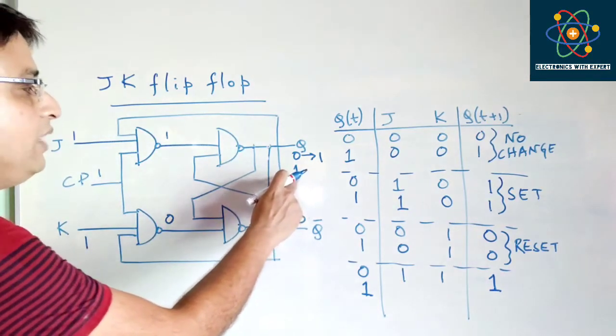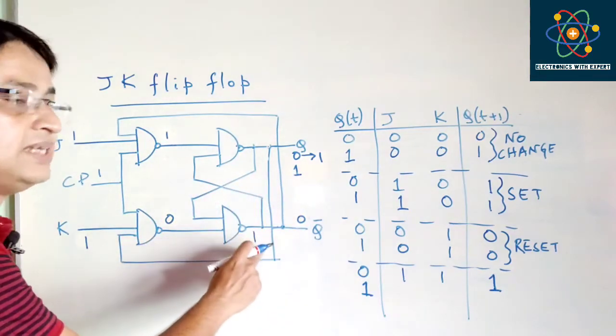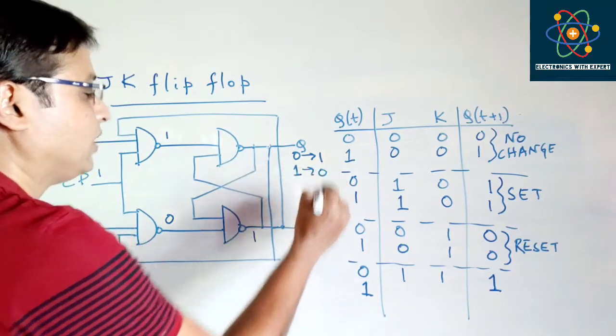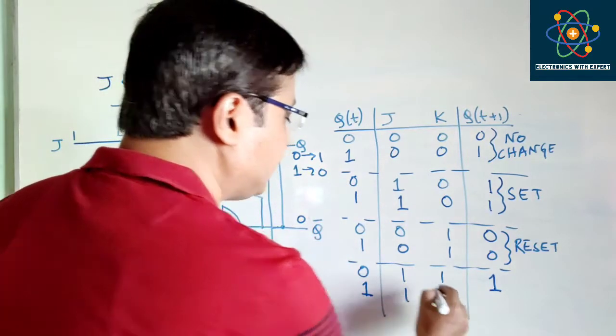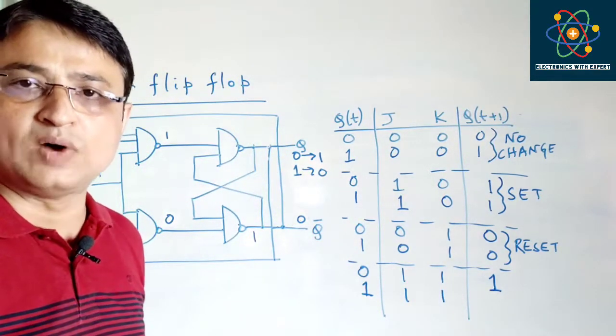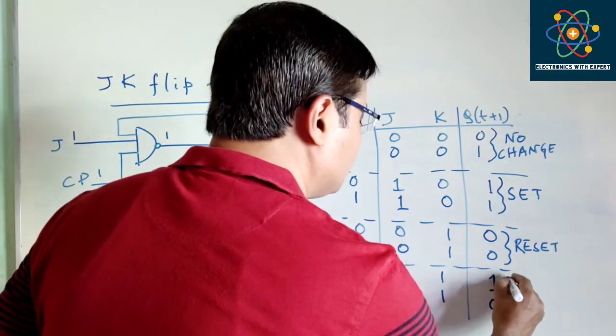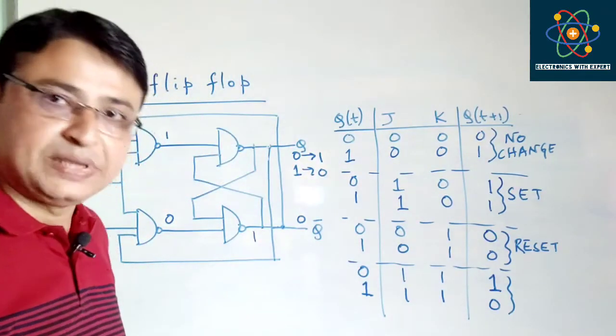So for Qt equals 1, 1 and 0 makes this 1, and 1 and 1 makes this output equal to 0. So for J equals 1, K equals 1, and if Qt was 1, then the next state output should be 0. Now what happens here?